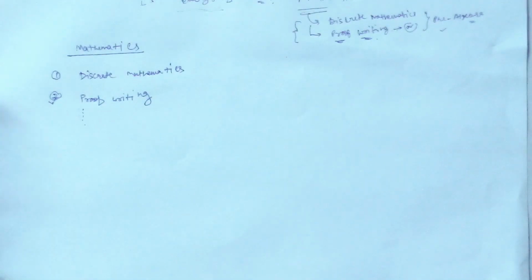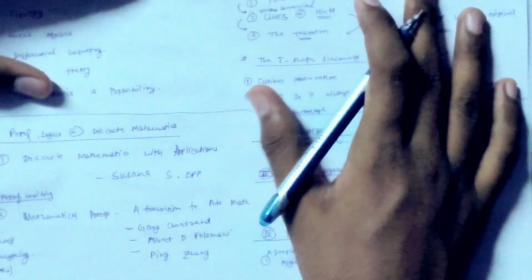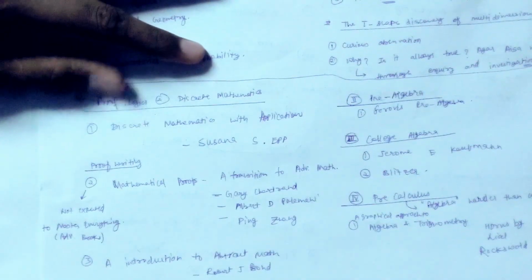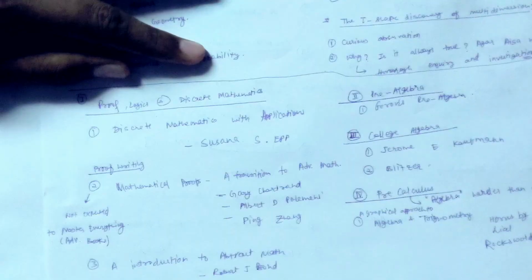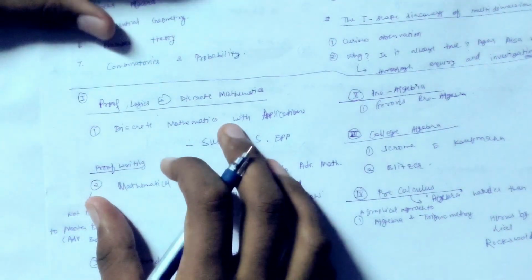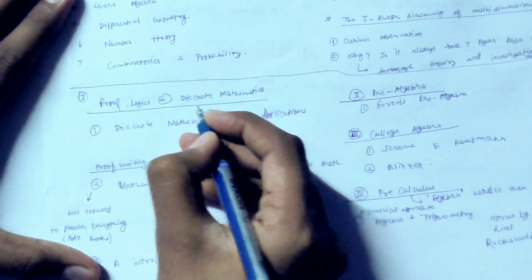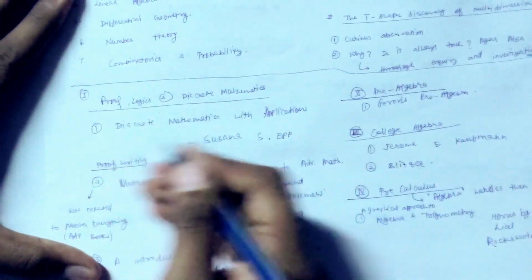So I'm just going to show a quick review of all the sections and the chapters that I'm going to take here. So see this. Basically, starting with proofs, logic and discrete mathematics, and in discrete mathematics we will follow this book.